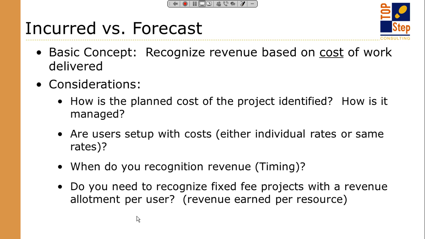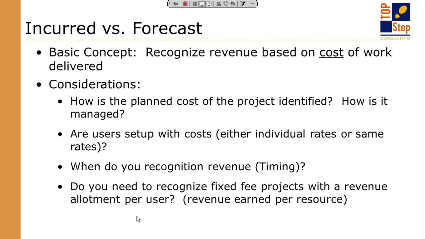So if you're using bookings, it would use the booked hours. If you are using the estimated hours feature, it would use the estimated hours. So this is one of those nice revenue models that actually depends on your resource management as well for it to be able to do its percent cost complete calculation.